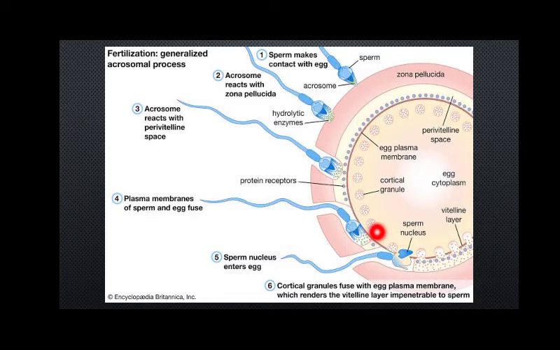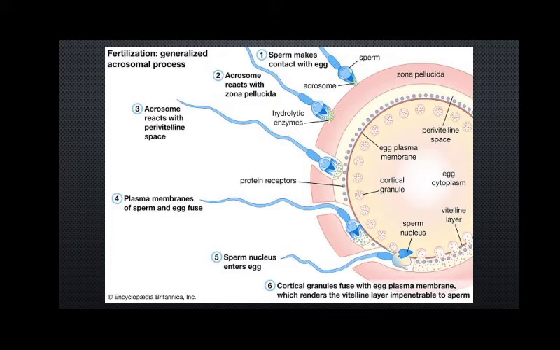Now once it reaches that particular region, there are cortical granules arranged around it. Actually there are two types of things present: one is the protein receptors on the surface, and the other is the cortical granules inside.